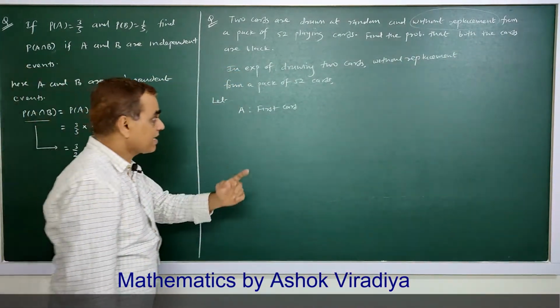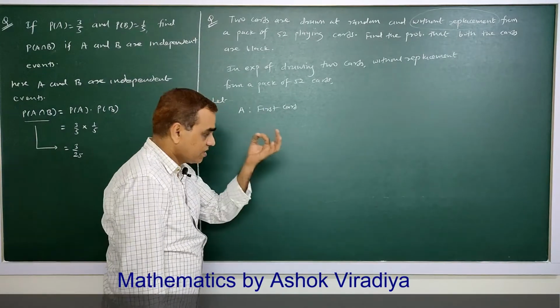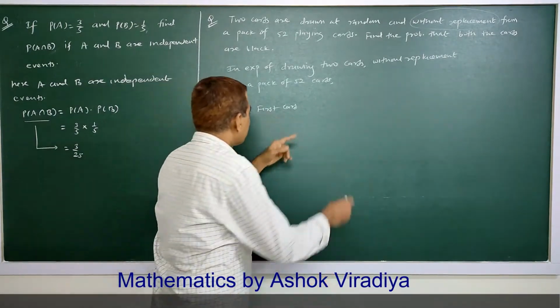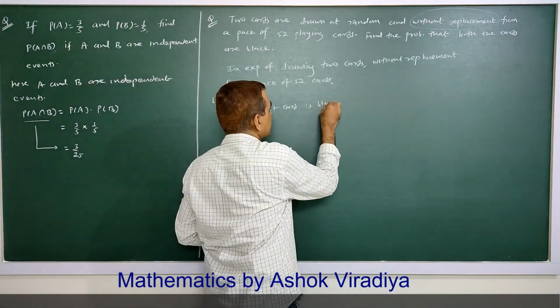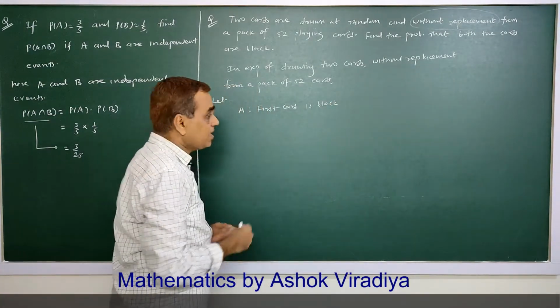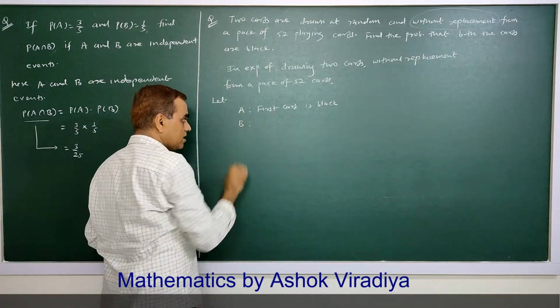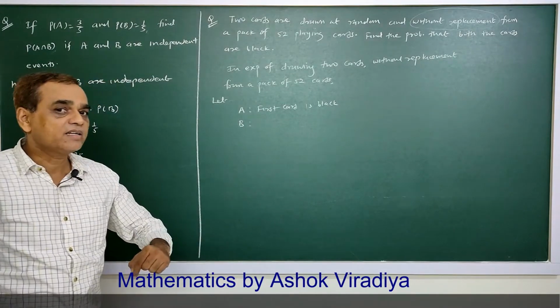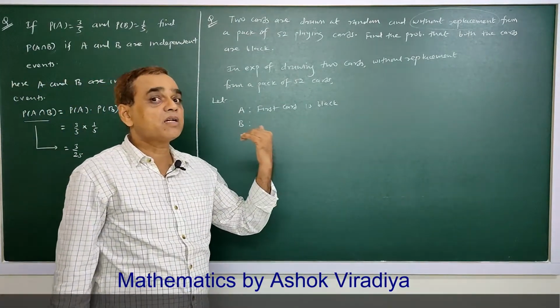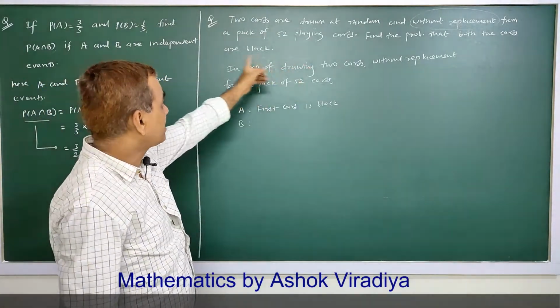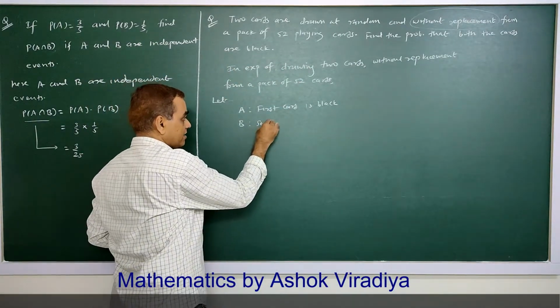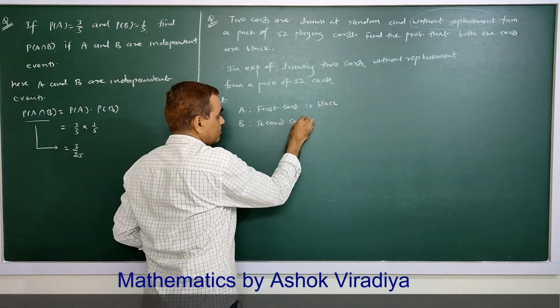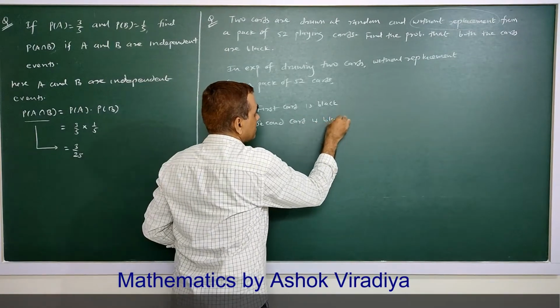Both the cards are black. So take a first card, we need it black. So first card is black. Then B is the event that second card is also black. We want both cards black. So second card is black.